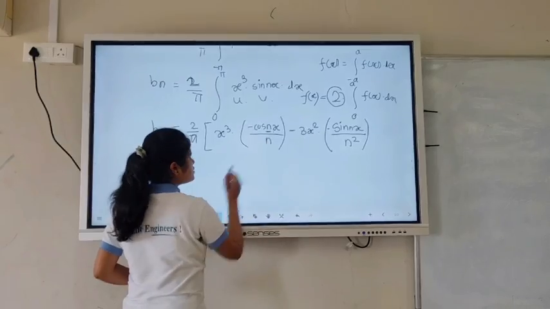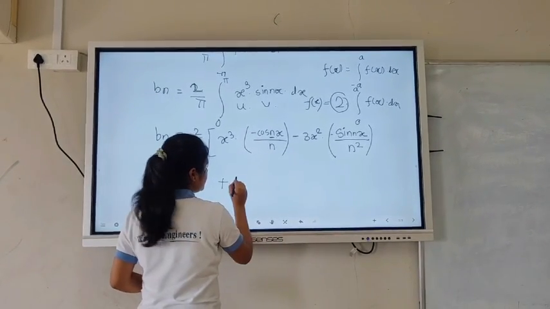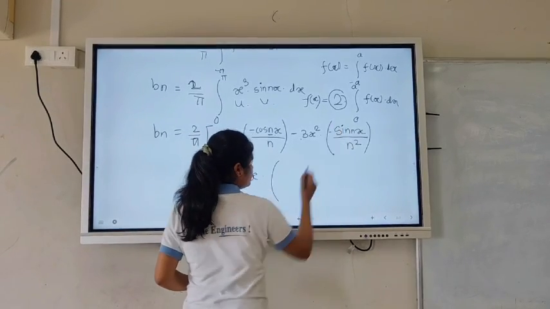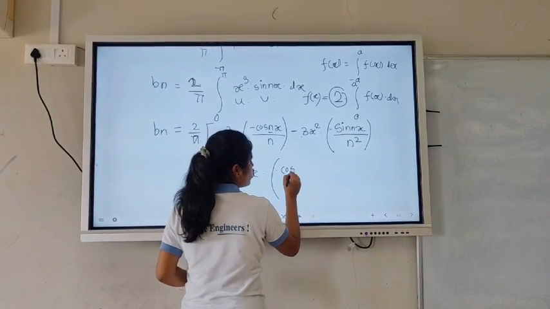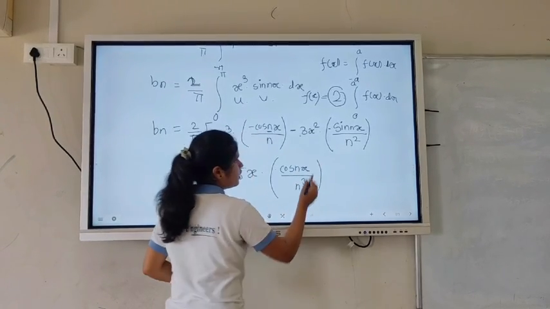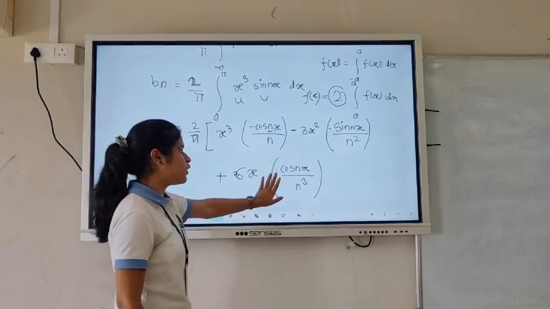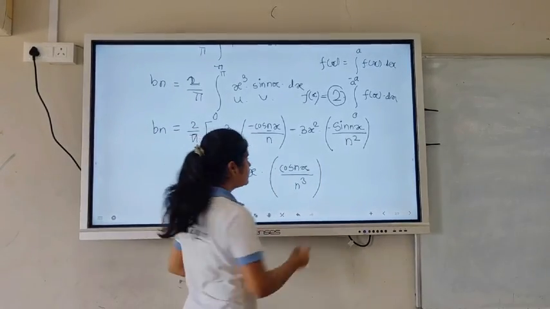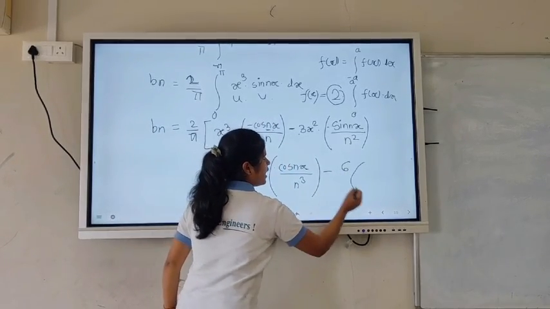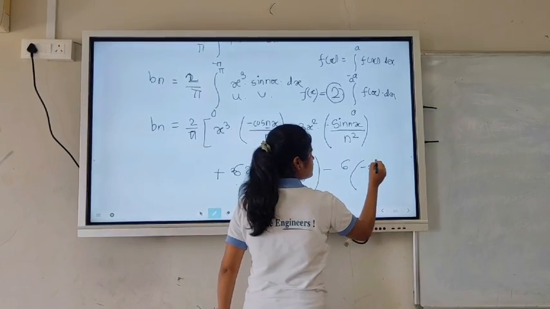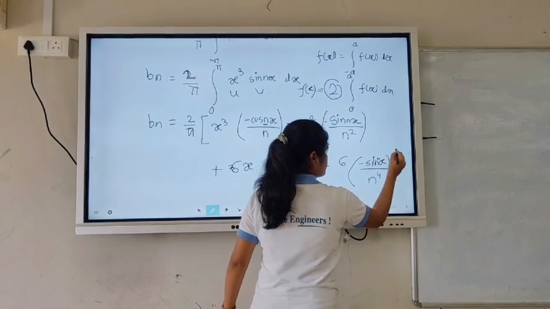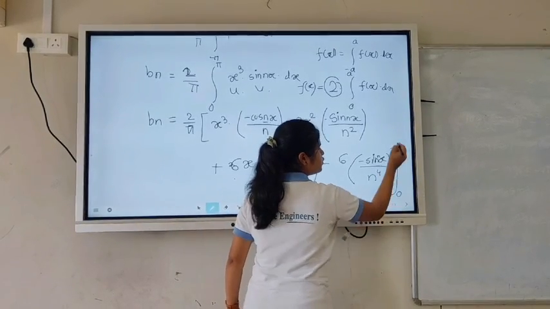Also here is a minus, so we take the plus, then the derivative of 3x square is 6x, and the integration of this whole term is cos nx upon n cube. Here is already a minus sign, and cos also has a minus sign, so minus minus gives plus, and then the derivative of 6x is 6, and the integration of cos nx is minus sin nx upon n raised to 4, and our limit is from 0 to pi.